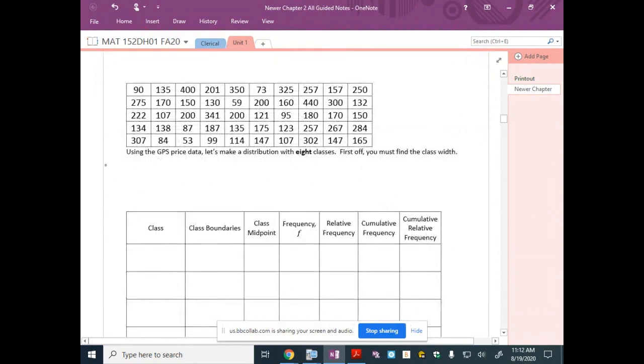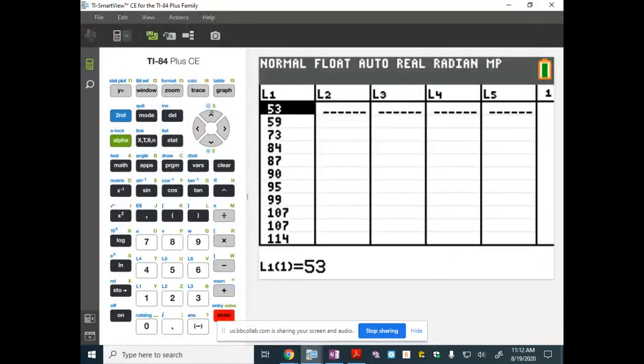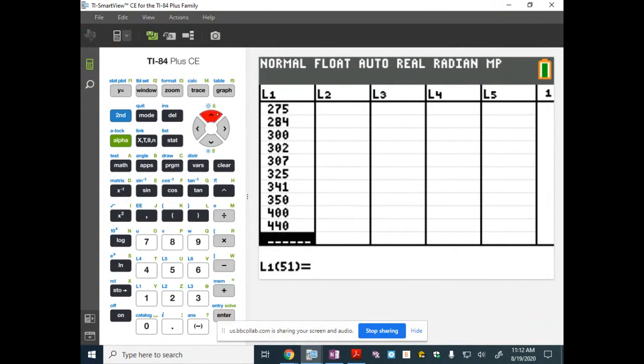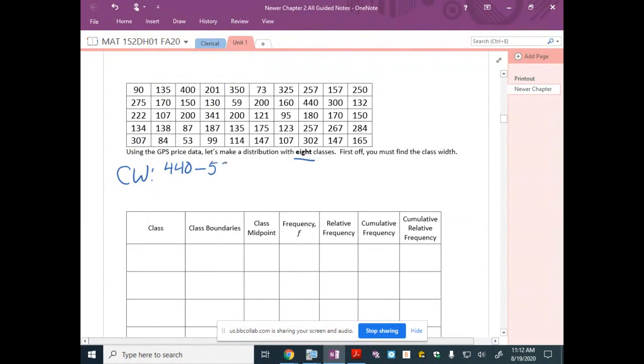So, the class width, we're going to do this with 8 classes. So, the max was what? It was 440, and the minimum was 53. And we're going to divide that by 8.